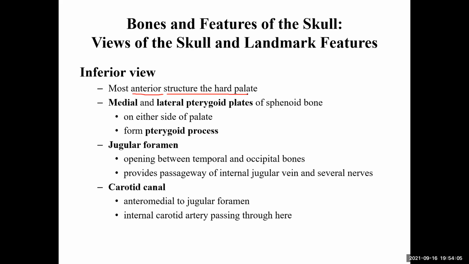The pterygoid process on the right and left side has these vertical plates that come off of it, and we call those the medial and lateral pterygoid plates. I'll show you that in a moment. You're going to see this on either side of your hard palate.